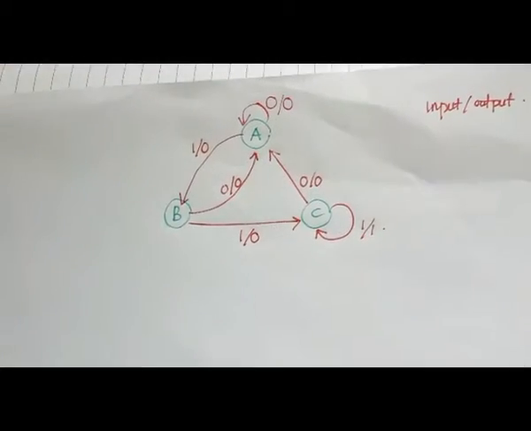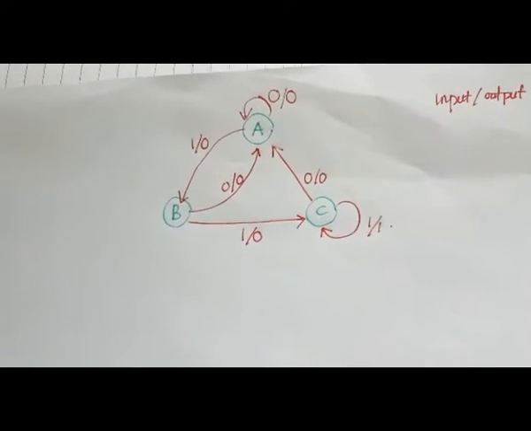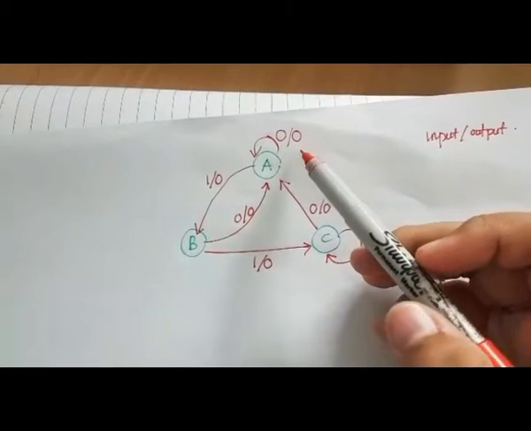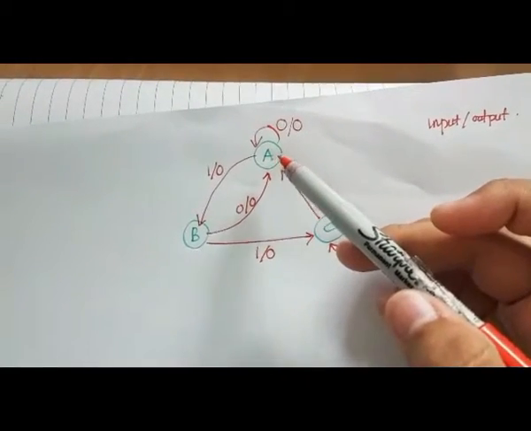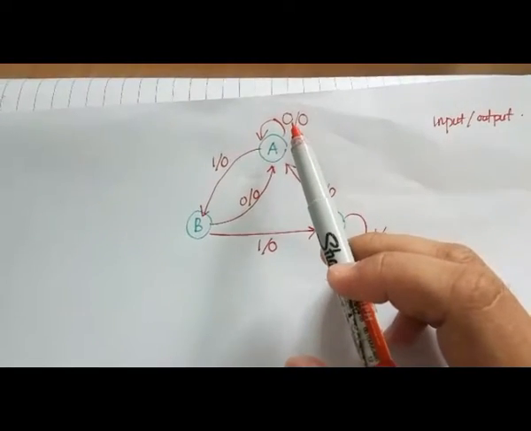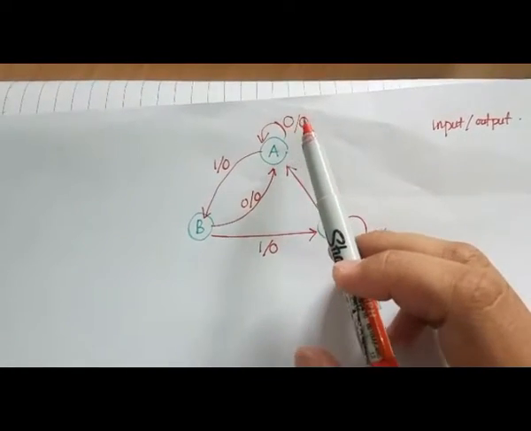So we proceed with a 3 states example. The notation is input / output. There are 3 states here, which are A, B, and C. If my input for A is 0, the output is 0.